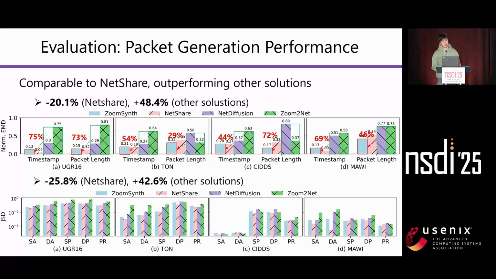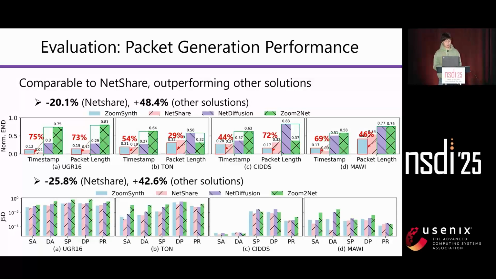The first, in packet generation performance, ZOOMSYNTH is comparable to NetShare, but outperforms our other baselines, specifically in time steps and packet length generation. ZOOMSYNTH is 20.1% weaker than NetShare, but 48.4% stronger than others.